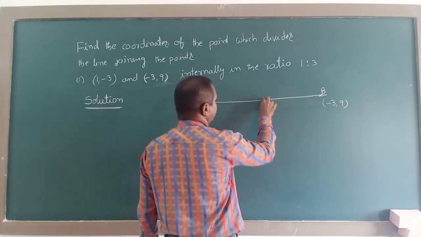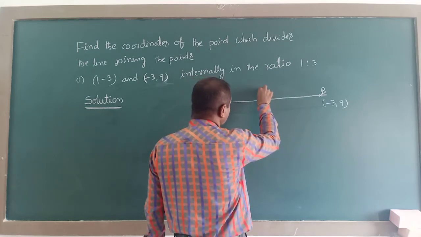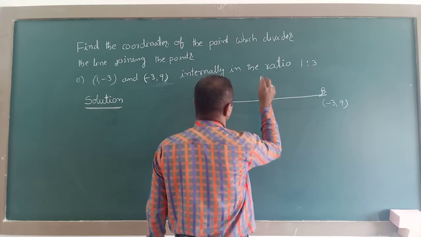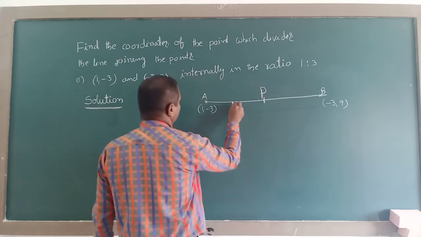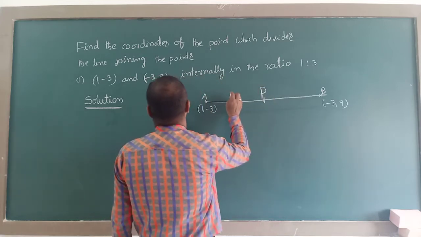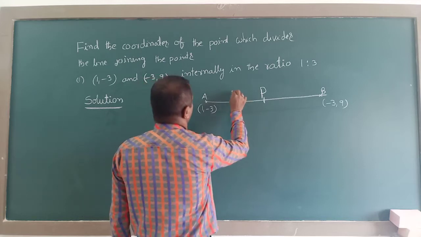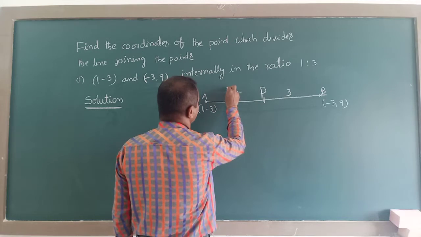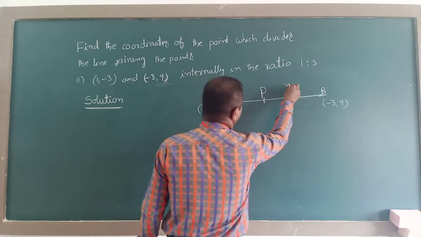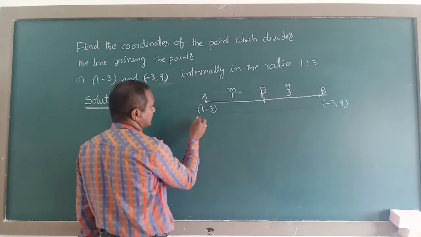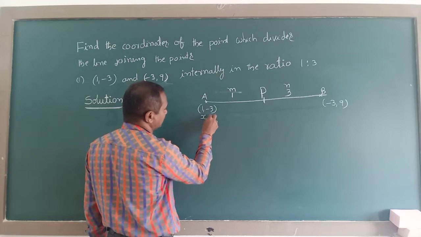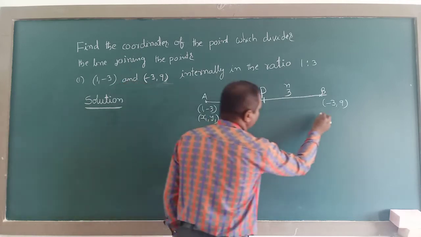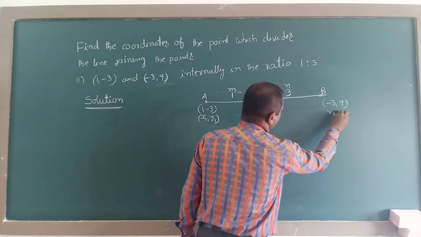The division point we consider as P, and the ratio is 1:3, where we consider 1 as m and 3 as n. The first point is x1 comma y1 and the second one is x2 comma y2.